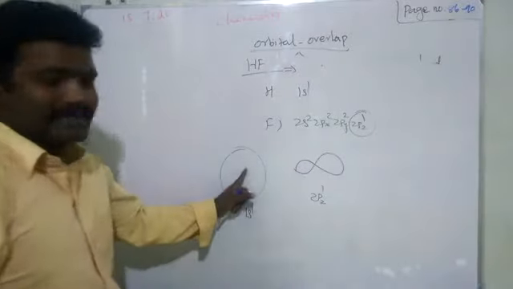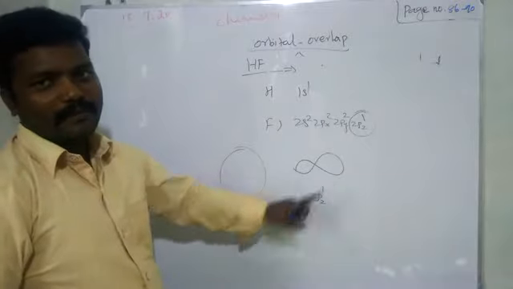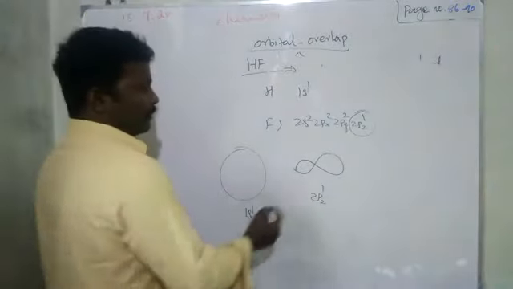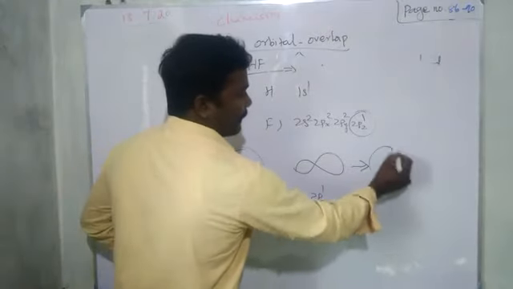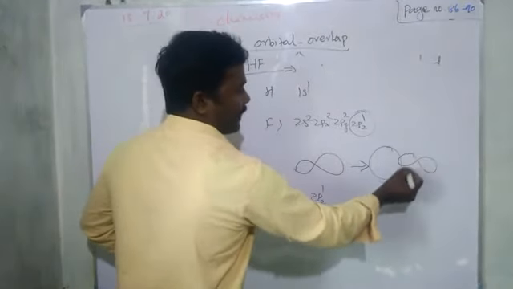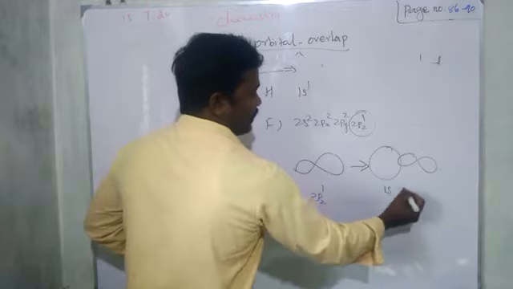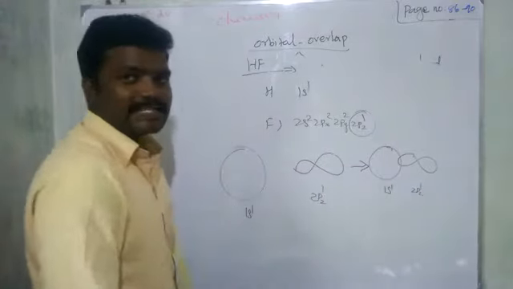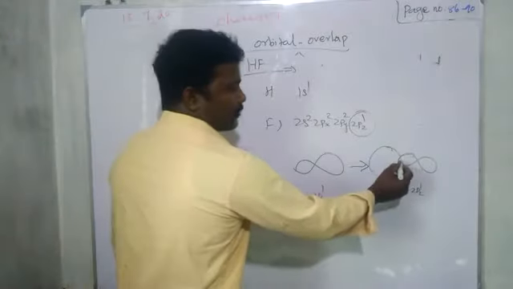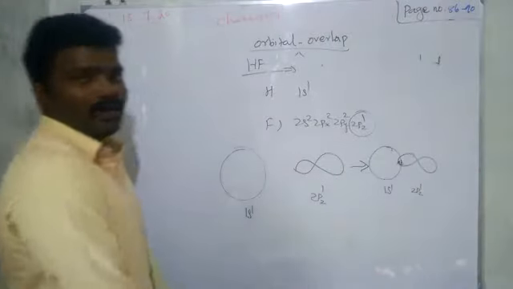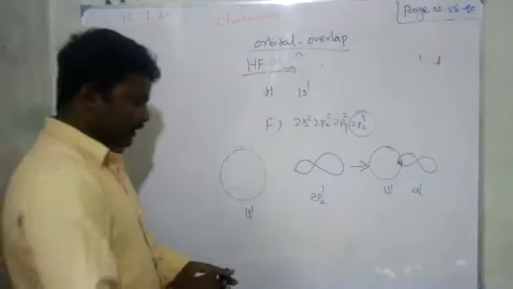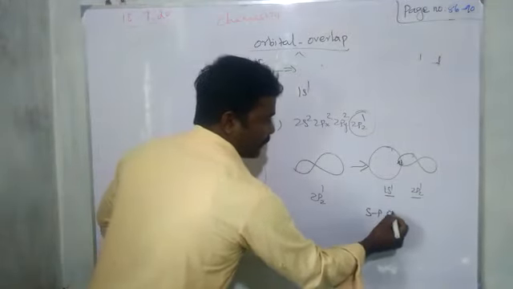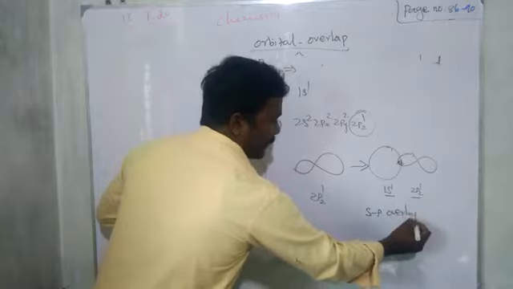So one spherical, one dumbbell shape. Whenever the s orbital comes, it will form sigma bond. So it will overlap like this, s and 2pz1. So we can say s-p overlapping. These two electrons will occupy the overlapped region. So this overlapping is also called s and p, s-p overlapping.